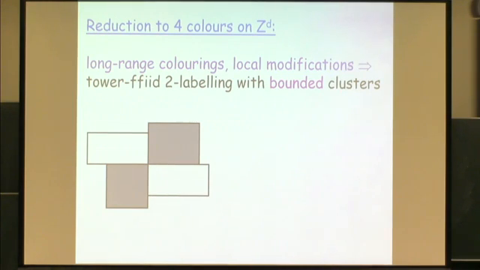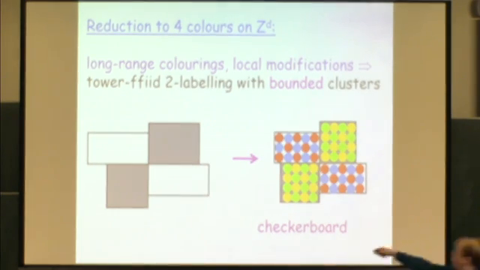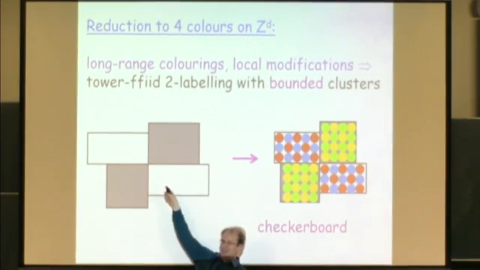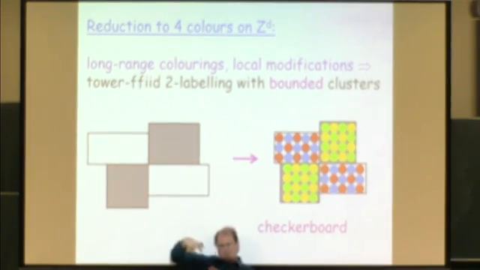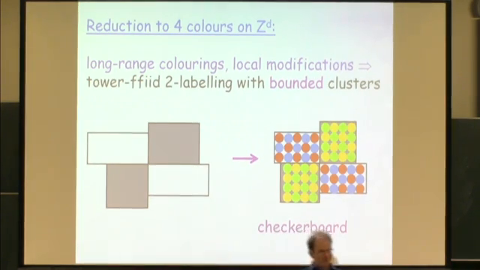And then once you have bounded clusters, you can go back to the old trick. It all comes down to the fact that in ZD, well, at least in Z2, it's possible to have 2 pairs of things meeting at a corner and neither of them are adjacent to each other. That's sort of what it all comes down to.